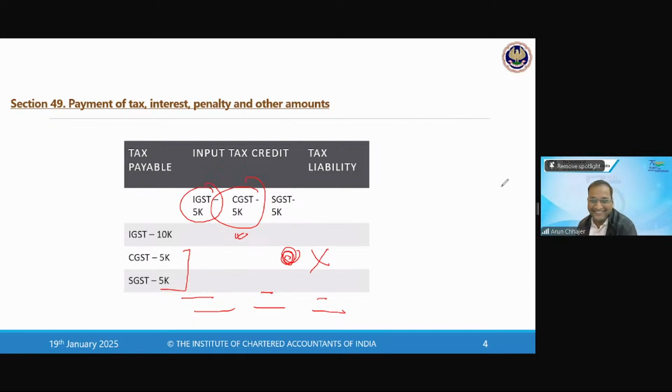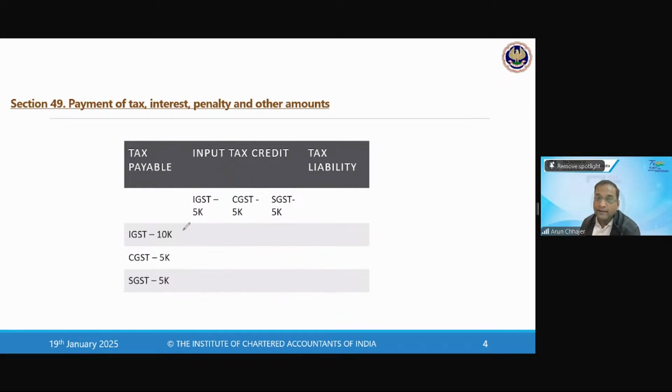That also will come only when I have the excess amount. CGST ITC can be used for SGST? Answer is no. So C will never donate to S. S will never donate to C.